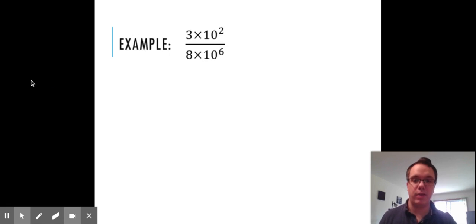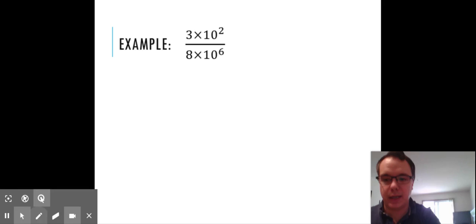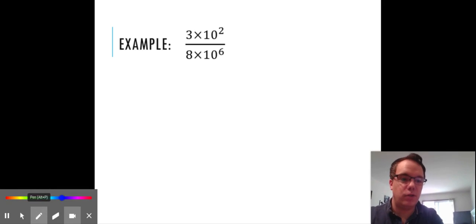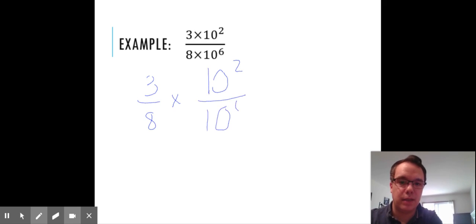So here's our example. We have 3 times 10 to the second divided by 8 times 10 to the sixth. So like I said, we're going to do what we did with multiplying, and we're going to separate our numbers from our powers. So we have 3 divided by 8 times 10 to the second over 10 to the sixth.